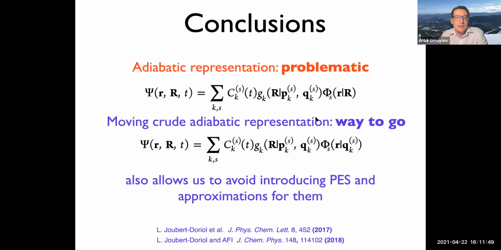And we were so happy that we jokingly thought about calling it making adiabatic representation great again. It was just before the election in 2016, but then knowing the results, that joke became not very funny. Anyway, I think that this new approach has great potential, and it even allows us to remove the approximation for potential energy surfaces that is usually needed.